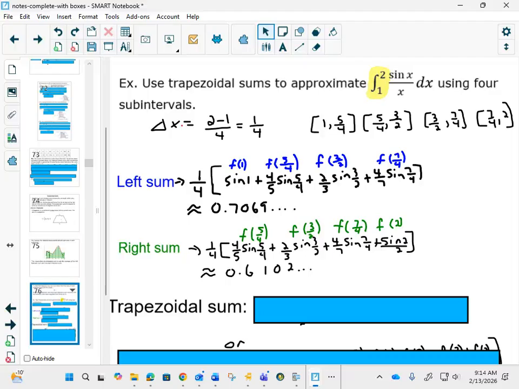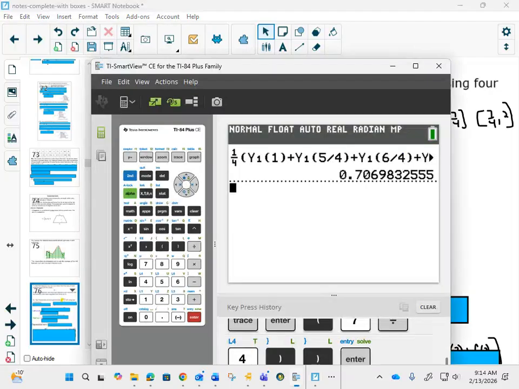But let's say you were supposed to actually write down these numbers. You wanted f of 1, you wanted f of 5/4, you wanted f of 3/2, and you wanted f of 7/4. You wanted those values and you were supposed to fill it in a table and write them down. So another thing that's really helpful on your calculator is that your calculator has a table of values.